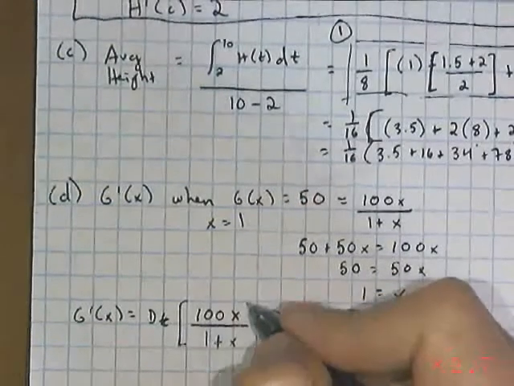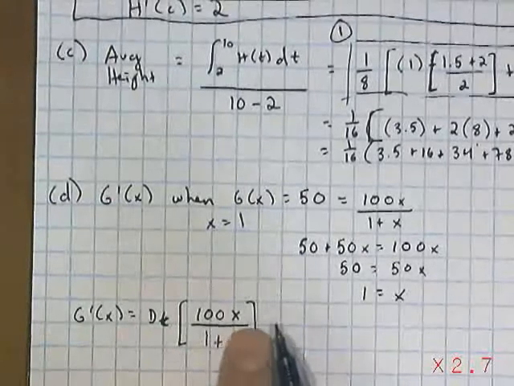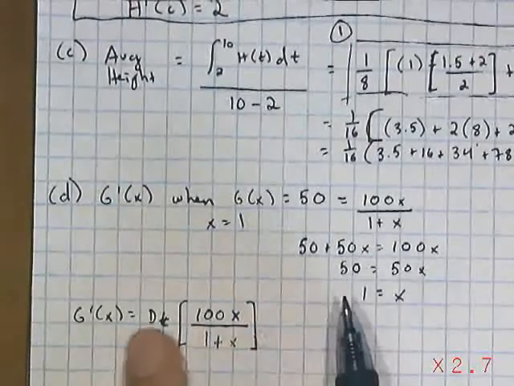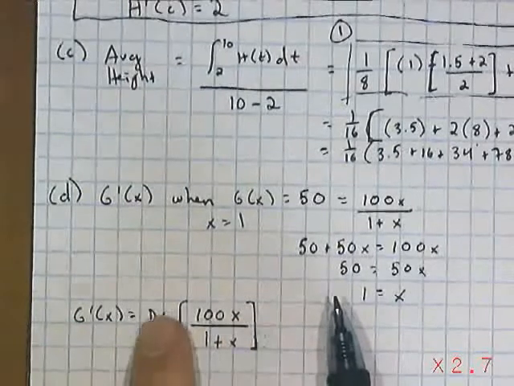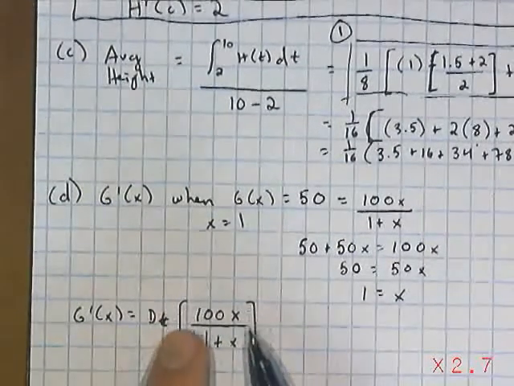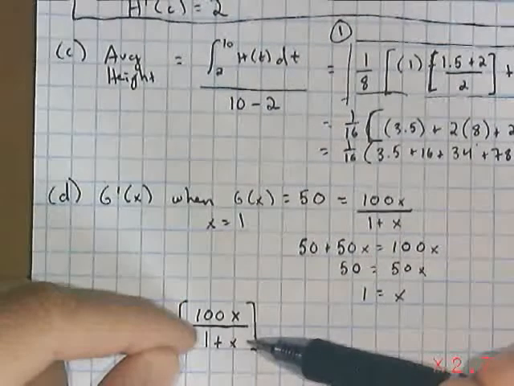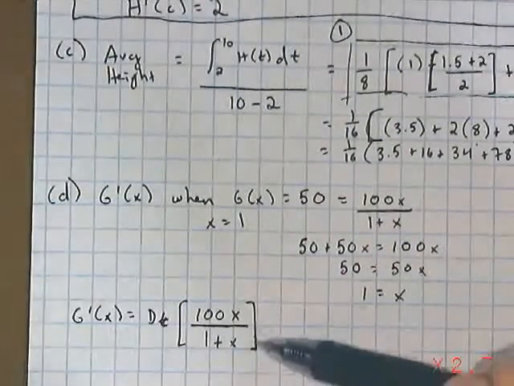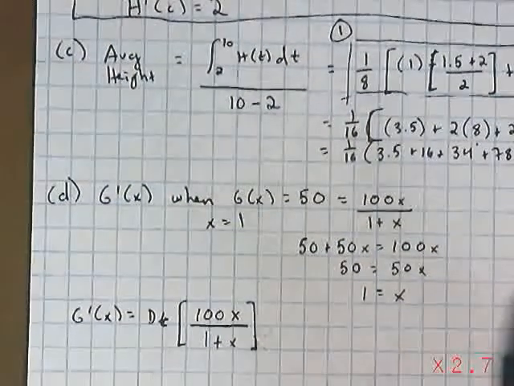And here's the crucial part. When we take this derivative, it's going to have a chain rule because x itself is changing with t. The diameter of the base of the tree is changing as time changes. So we're going to do a quotient rule, but then we're also going to have to chain rule. It's also going to spit out a dx/dt.